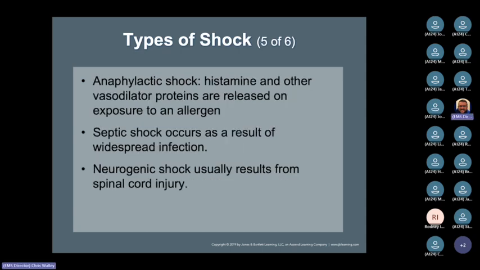Anaphylactic shock, we've all seen that at least once in our career, but that is when histamine or other vasodilator proteins are released on an exposure to an allergen. Septic shock occurs as a result of some widespread infection, and neurogenic shock usually results from a spinal cord injury.